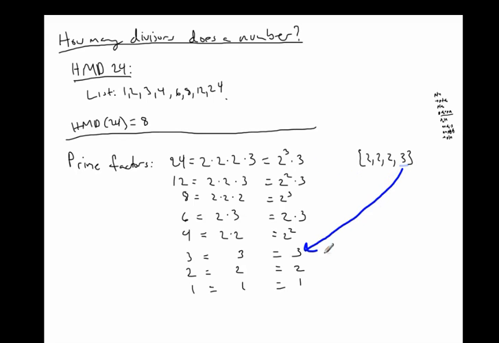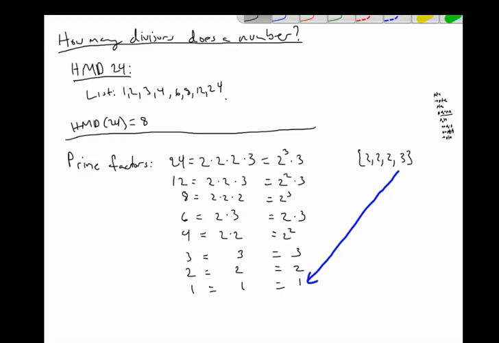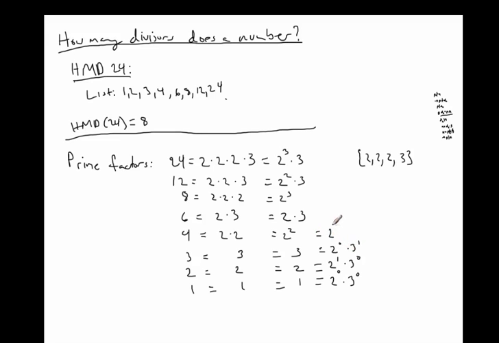Now if you think about it that way, that makes the number 1 make a little bit more sense, and we can write the number 1 as 2 to the 0 times 3 to the 0. In other words, there are no 2's and no 3's. This one is one 2 and no 3's. This one is no 2's and one 3. Here we've got 2 2's and no 3's.